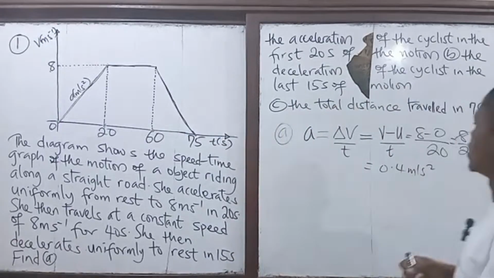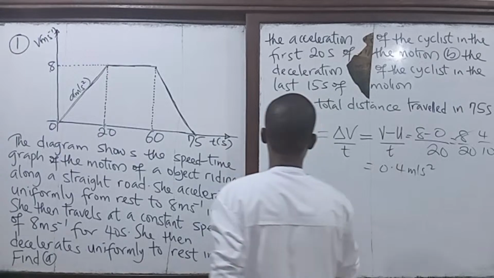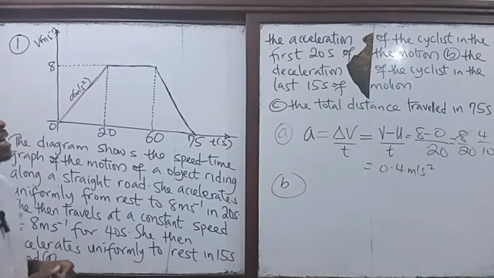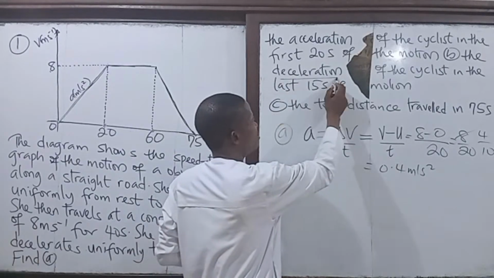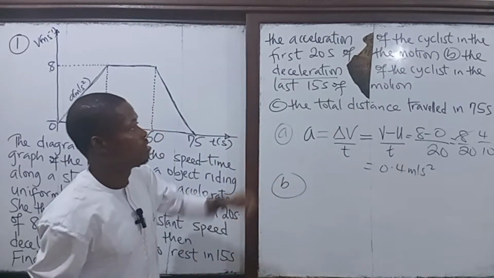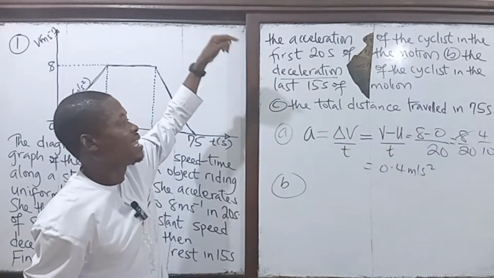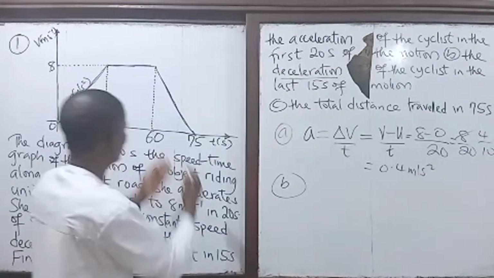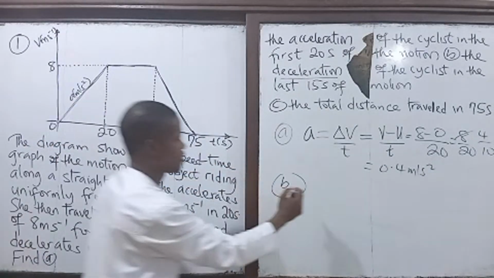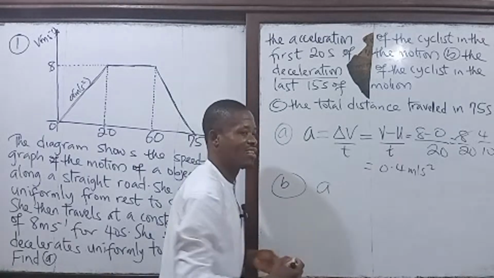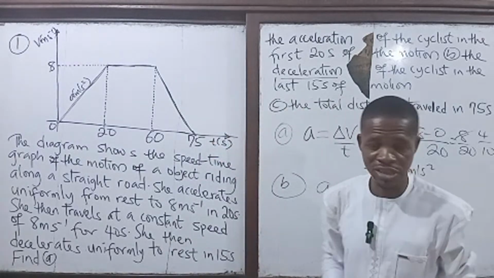The second one: we are told to find the deceleration of the cyclist in the last 15 seconds. The body is coming to rest. Deceleration is negative acceleration.